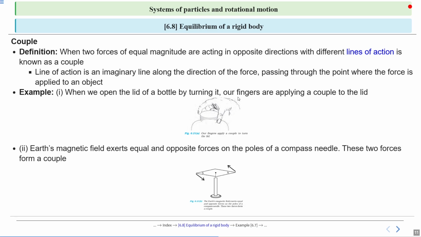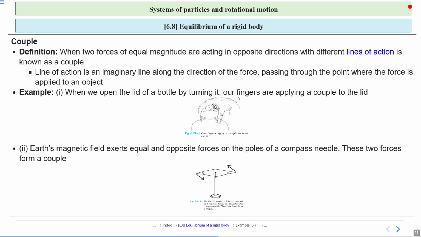Second, the Earth's magnetic field exerts equal and opposite forces on the poles of a compass needle. These two forces form a couple. When a compass needle is placed in the Earth's magnetic field, the magnetic field exerts equal and opposite forces on the north and the south poles of the needle.